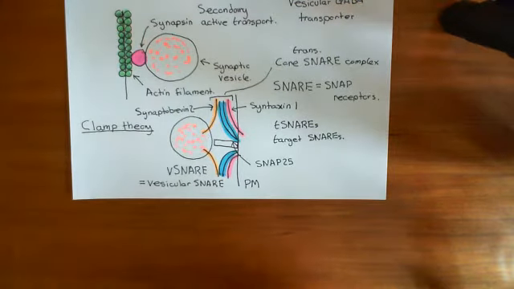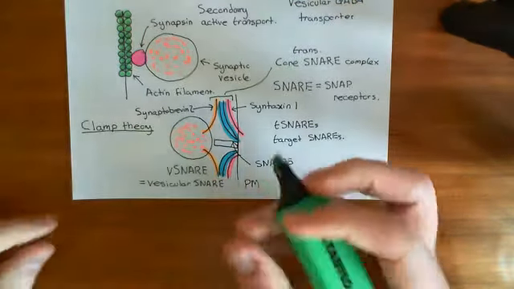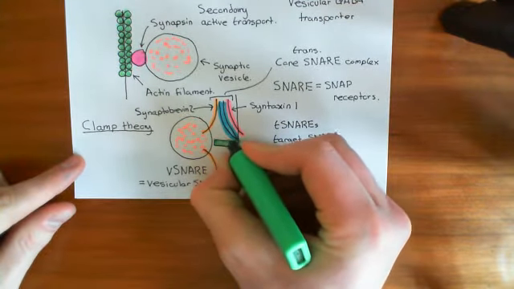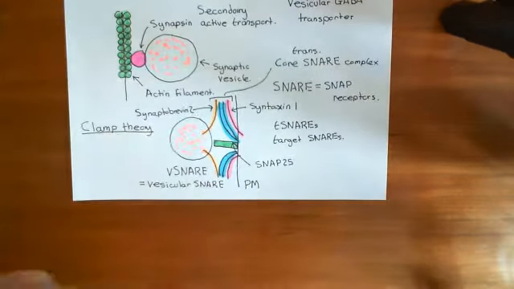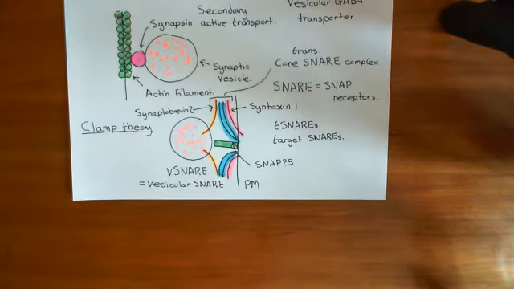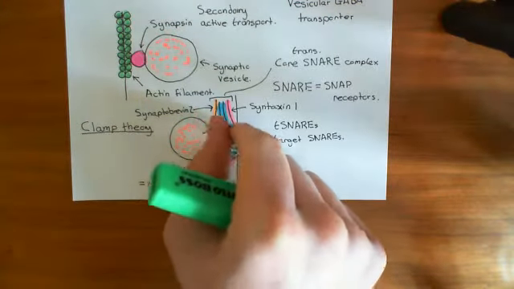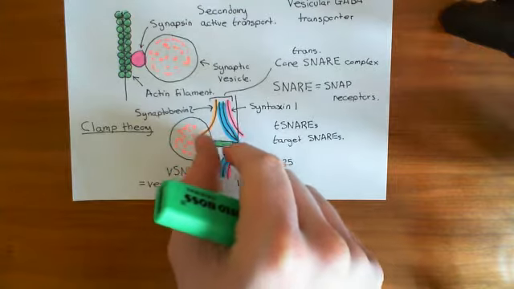Okay, so the clamp theory is that there is a protein sitting between these two membranes, which I'll draw as this green structure here. And this protein is basically holding the two membranes apart and stopping them from fusing, and stopping the core SNARE complexes from twisting enough that they bring them closer together.